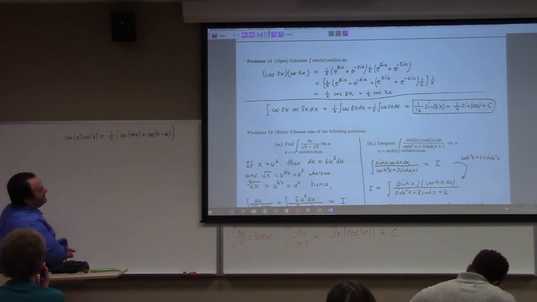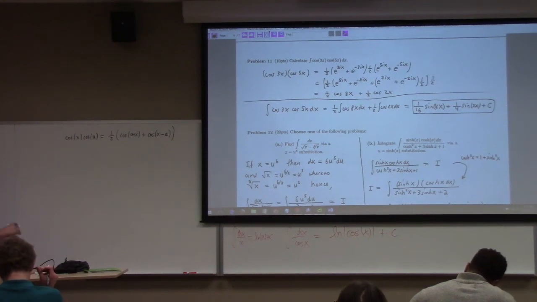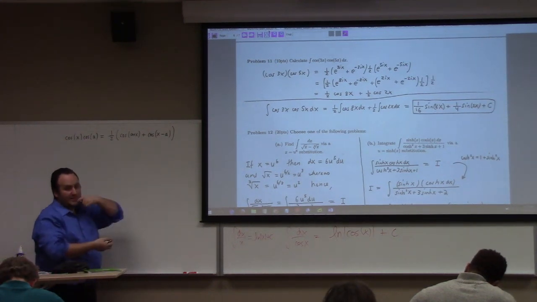Here I'm thinking of replacing 3x with x and 5x with a. You can go through the same calculation and you'll get this identity.